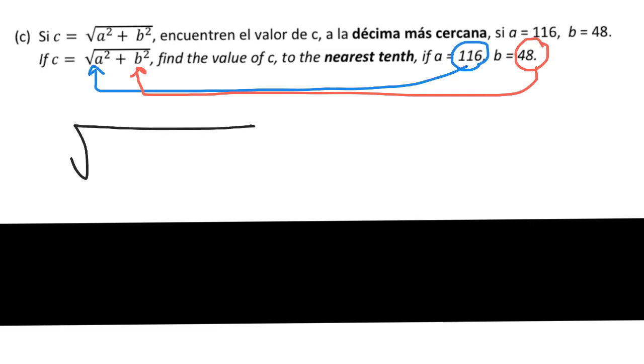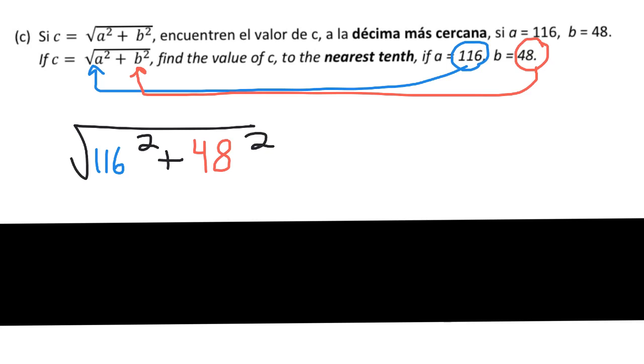Square root of something squared plus something else squared. Okay, in for those letters, let's substitute those values. 116 and 48. You can put parentheses if you want, but it wouldn't change it.